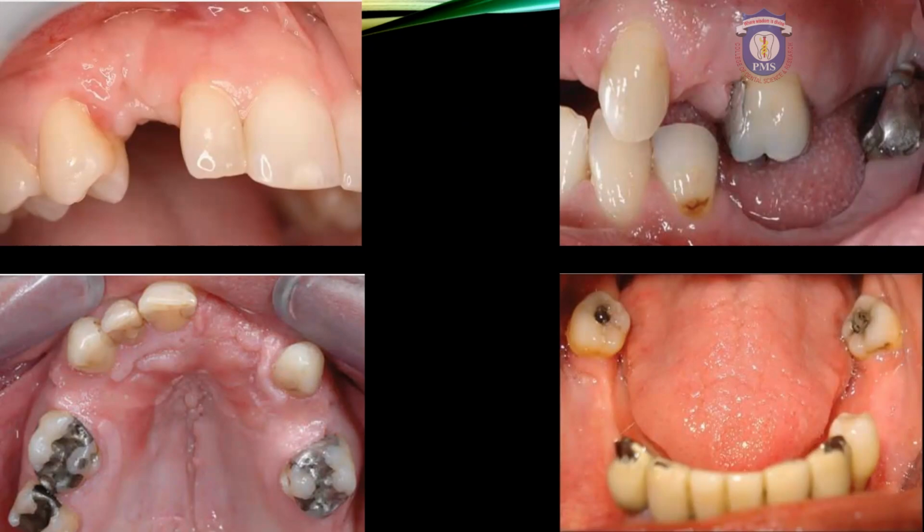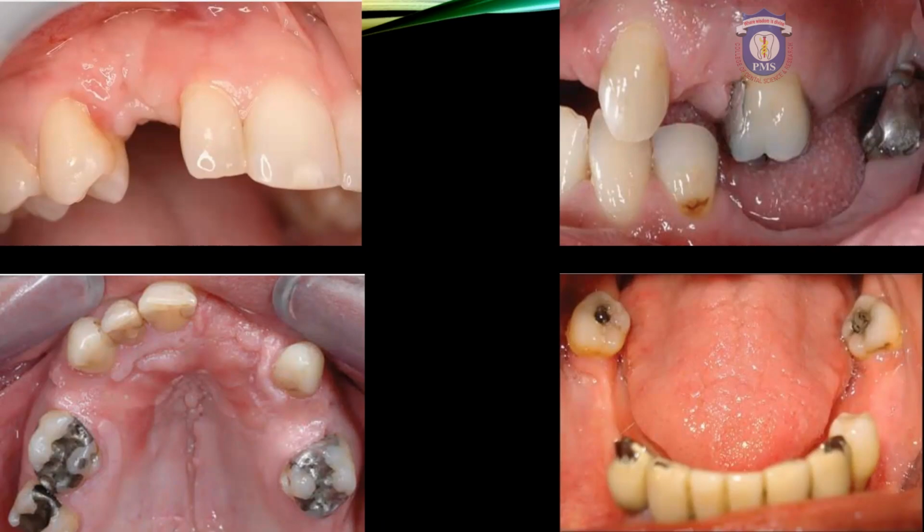Next, you can see photographs of different types of edentulousness: single tooth missing, multiple teeth missing, upper and lower arches, where we can give removable prosthesis or fixed partial denture prosthesis. As I told you before, removable prostheses can be made of acrylic, they can be flexible dentures, or they can be cast partial dentures.